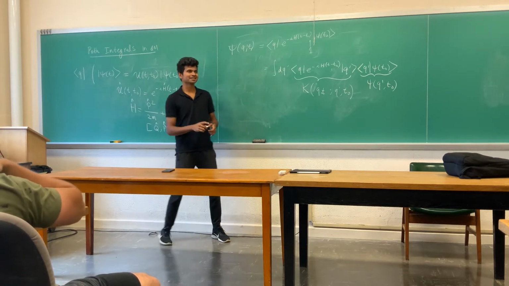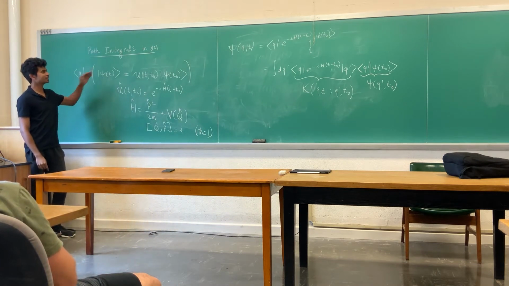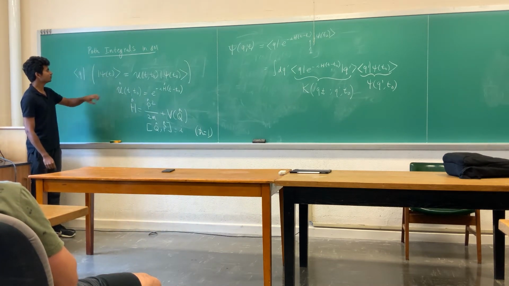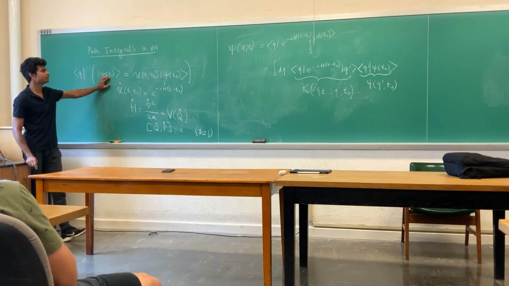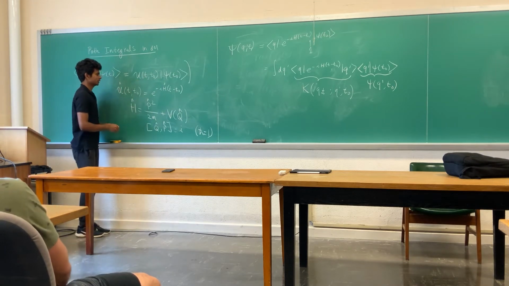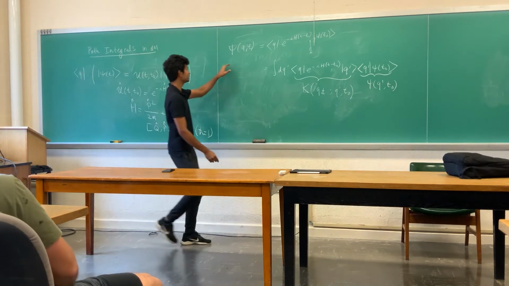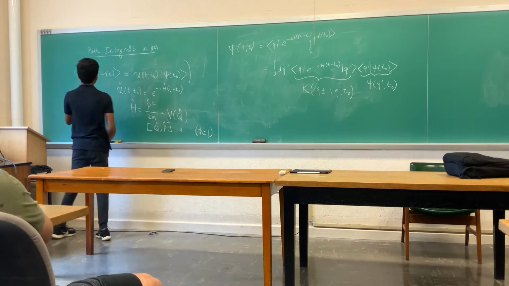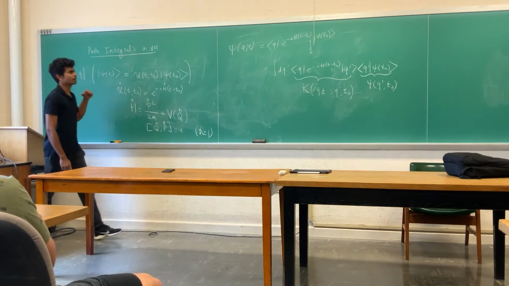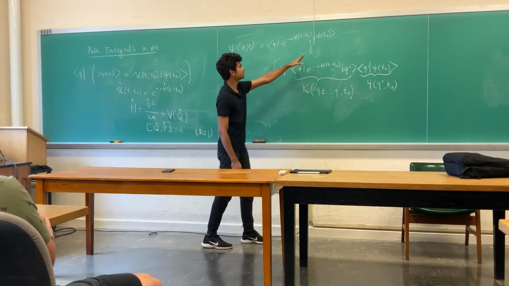So, just to review, we are starting off with quantum mechanics. In quantum mechanics, we want to find the wave function at time t. We do that by using the time evolution operator, and it's typically this thing. If you want to express that in the position basis, you act it on the position bra. What you get is the wave function, and I insert an identity here.